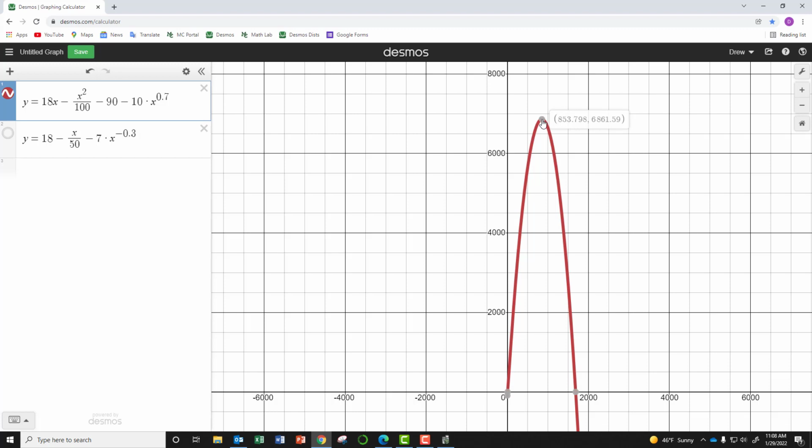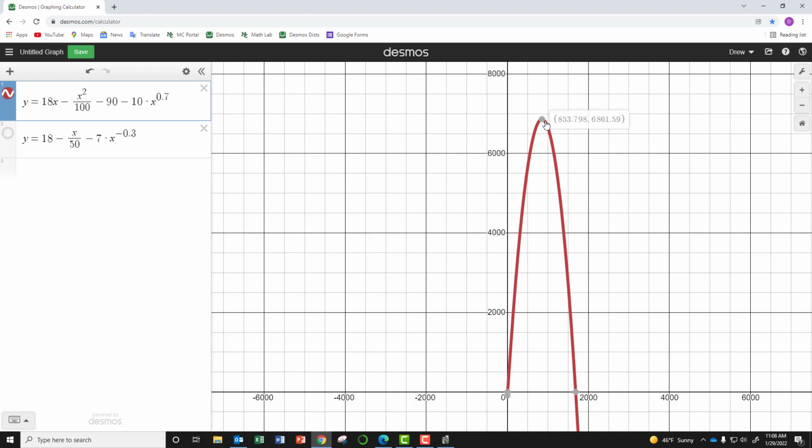But the X value here that gives the maximum profit is 854 candles. So 854 candles, that's the exact amount of candles you want to sell to make the most money. If you wanted to sell more than 854 candles, you would have to lower your price.